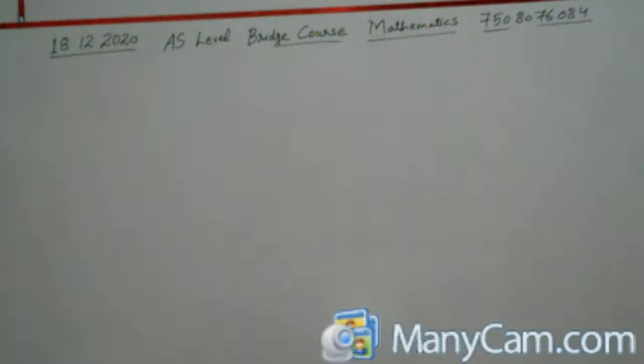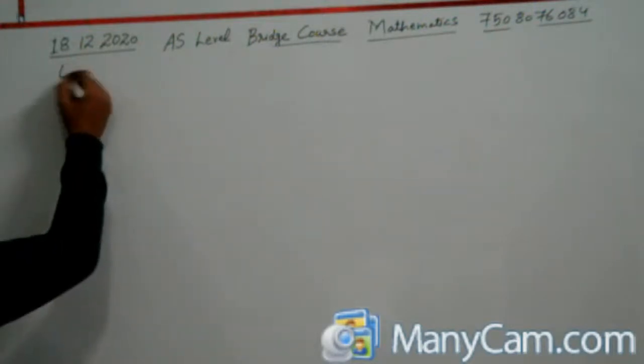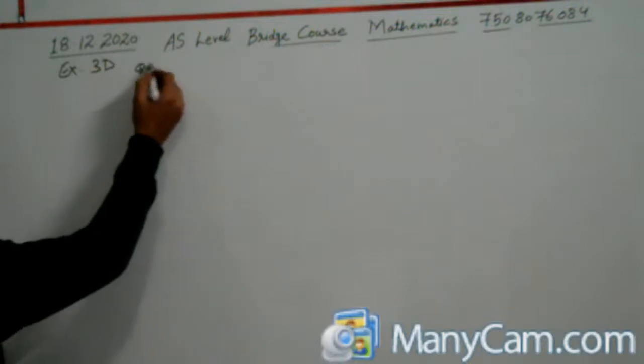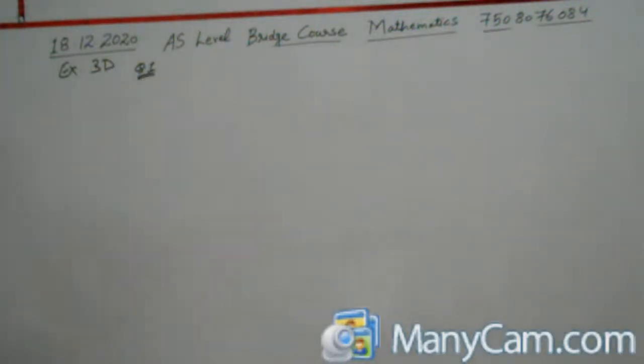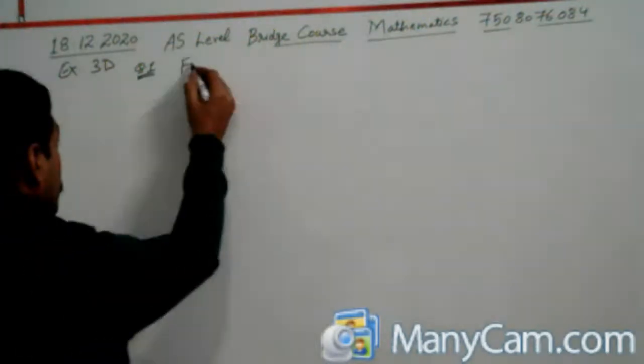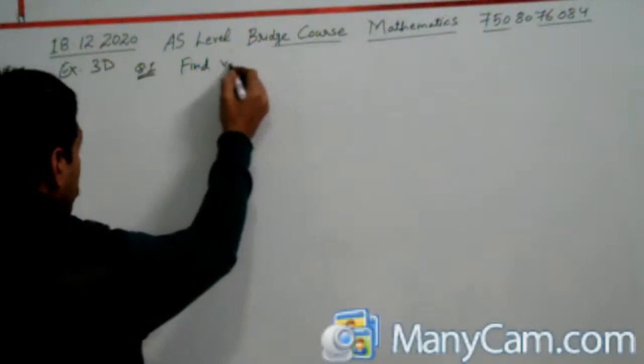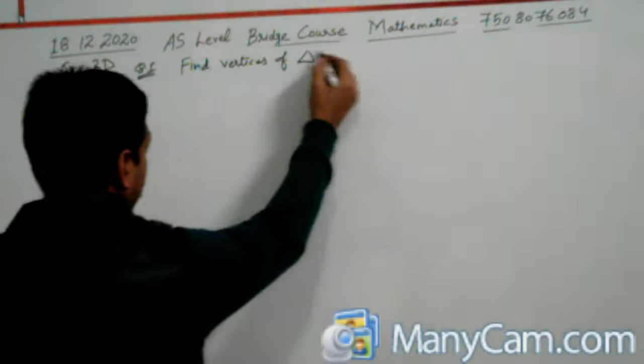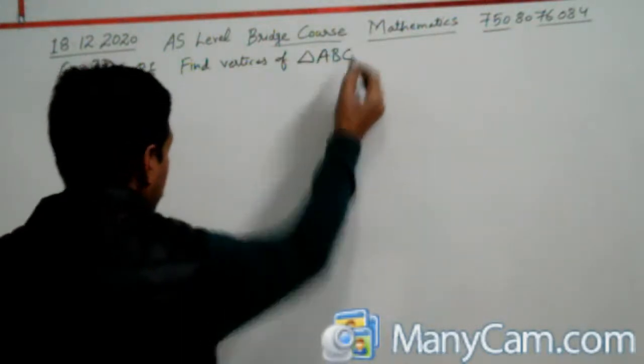In Exercise 3D, question number 1, we have to find the vertices of triangle ABC.